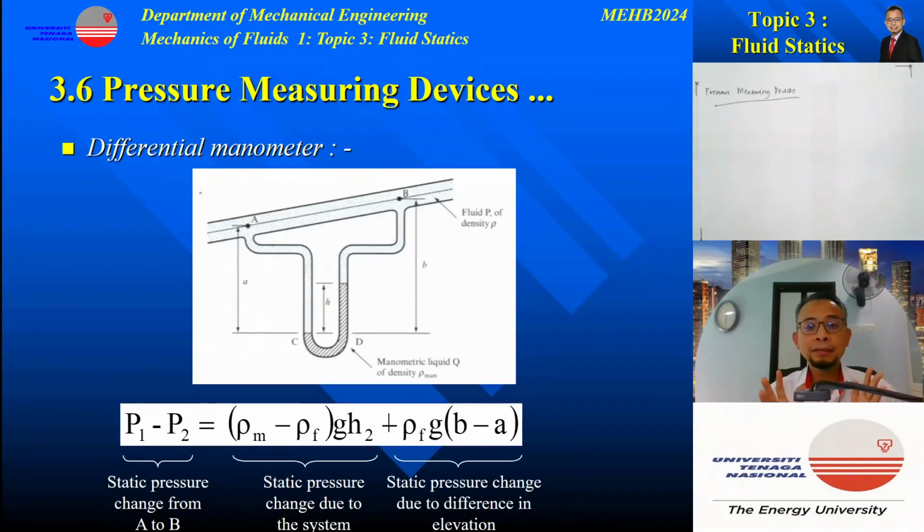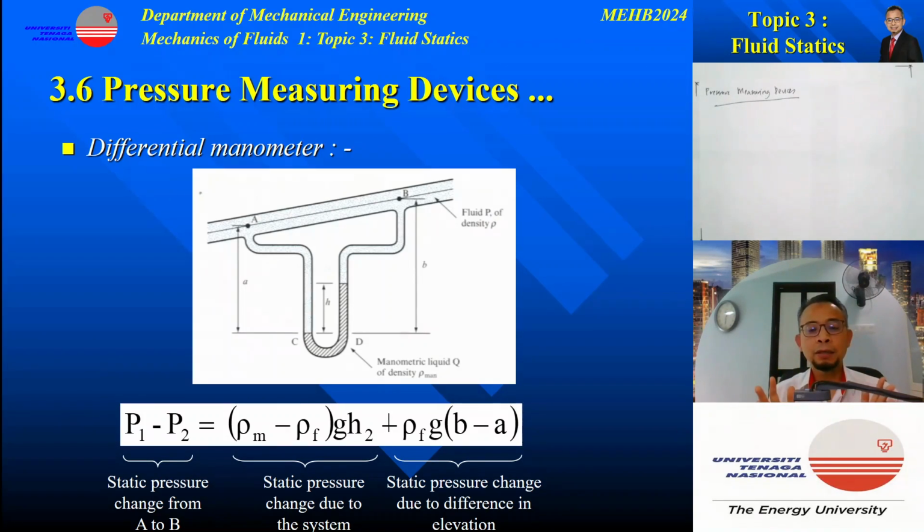The last two devices that we looked at measure the pressure relative to atmospheric pressure, meaning that they measure the gauge pressure at a point within a fluid system. While it is quite common for us to measure pressure relative to atmosphere, there are many situations whereby we need to measure the pressure difference between 2 points within a fluid system.